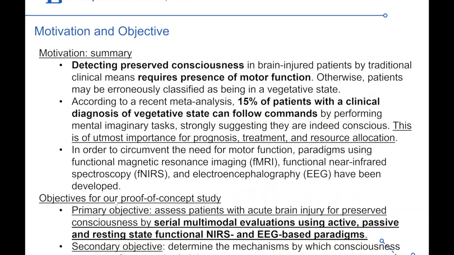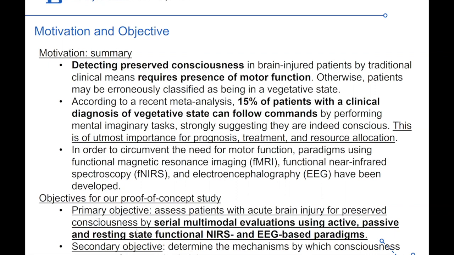The primary objective of our collaboration is to use this functional NIRS and EEG technique or signal processing in a serial multimodal evaluation while the patient is in the ICU in a non-responsive state and is subjected to different active paradigms, where the person is asked to do a mental imagery task, as well as passive movement and also resting state.